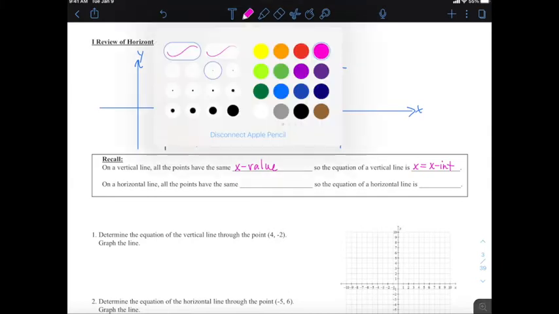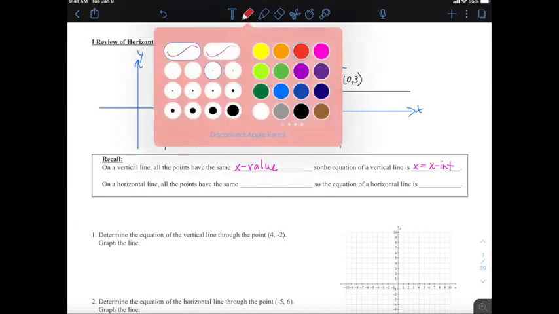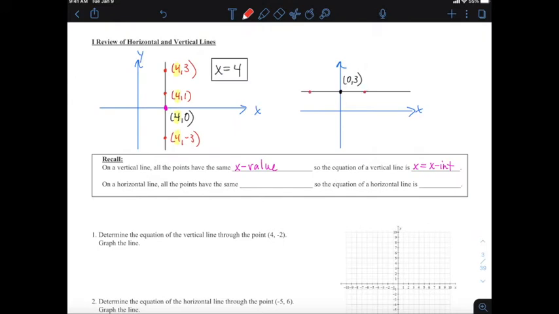Let's look at horizontal lines. These ones are maybe a little bit easier to think about, but they have the same idea, to find the equation of the line. So let's say that this is 0, 3. Well, if I were to take any other points on this line, what I might see is this is -4, 3, and this is 2, 3, and this is 5, 3.